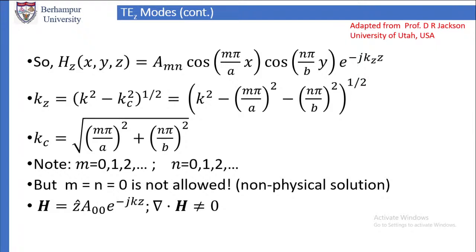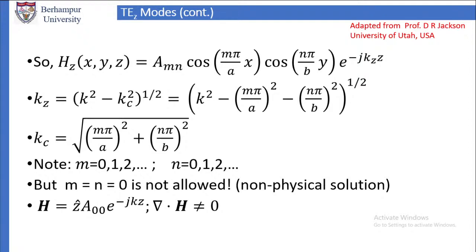Now that is for the xy dependence. Now z dependence is just multiplying by exponential minus j kz z. So Hz is equal to Amn cos m pi x by a into cos n pi y by b into exponential minus j kz z.